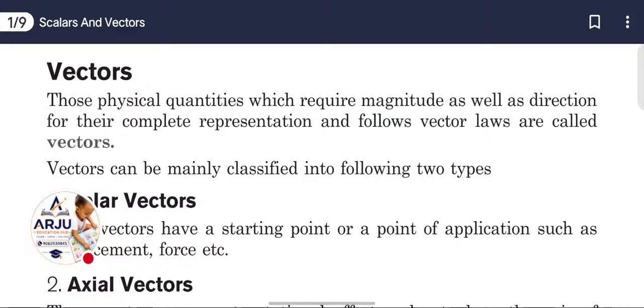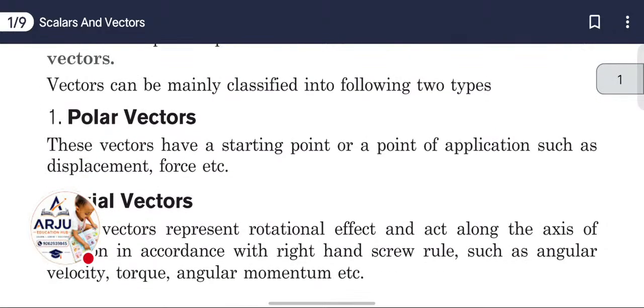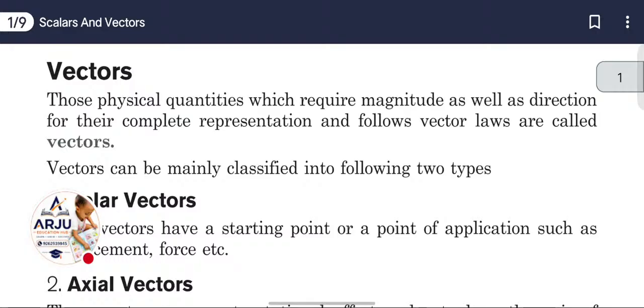So in vector quantities both magnitude as well as direction are present, then we can say this is a vector quantity. Examples: velocity is an example of a vector quantity. Displacement is also a vector quantity. Weight is a vector quantity. These are all vector quantity examples.